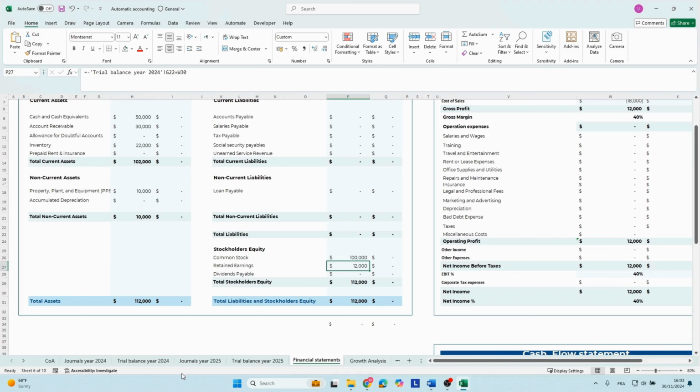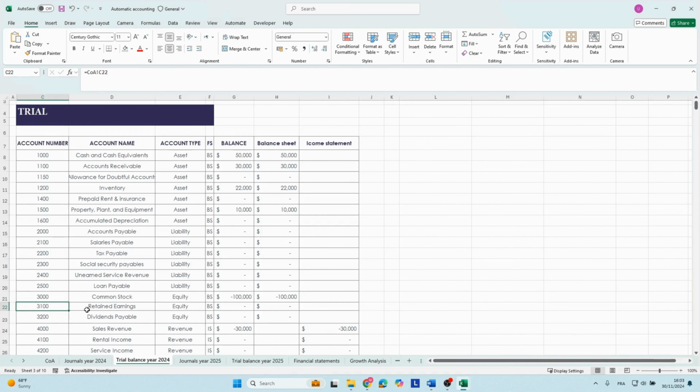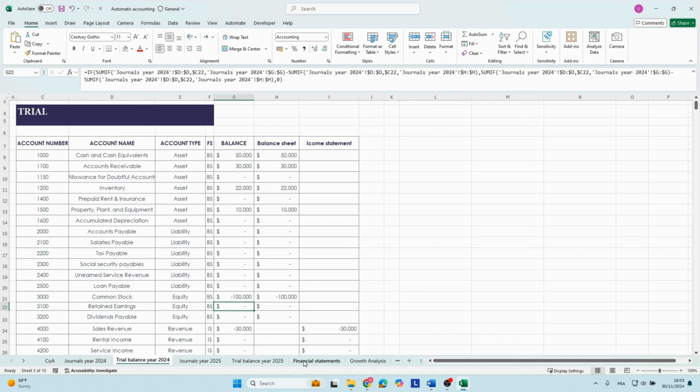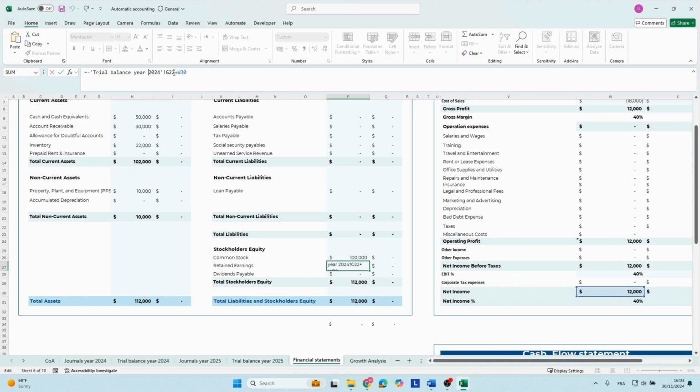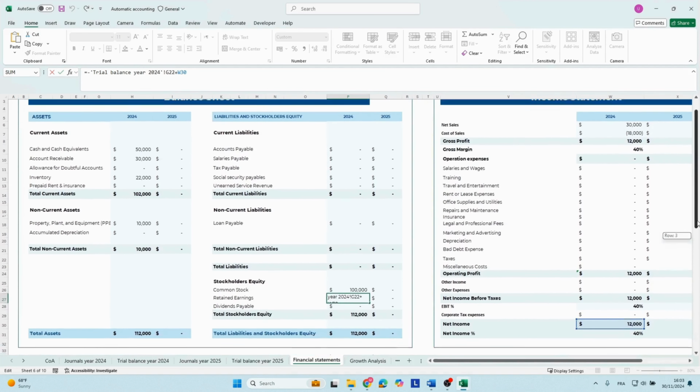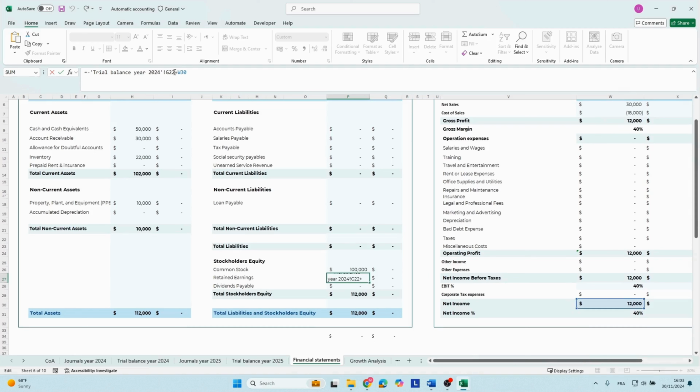In the trial balance, we see that we have the line G24, which is the retained earnings. Retained earnings plus G22 plus the net profit for the period. And we know that retained earnings represent the profit for the period plus all the accumulated profit for the previous period. For that reason, we have linked it directly to the income for the period, and we add it to the retained earnings that is available in the balance sheet account for the previous year. And we get 12,000.